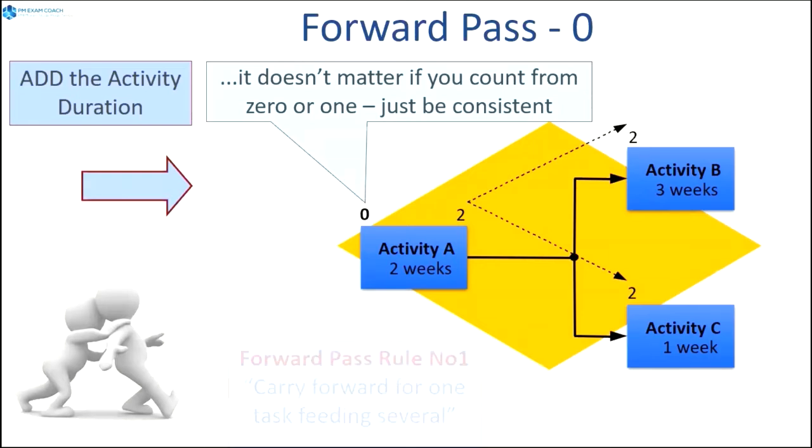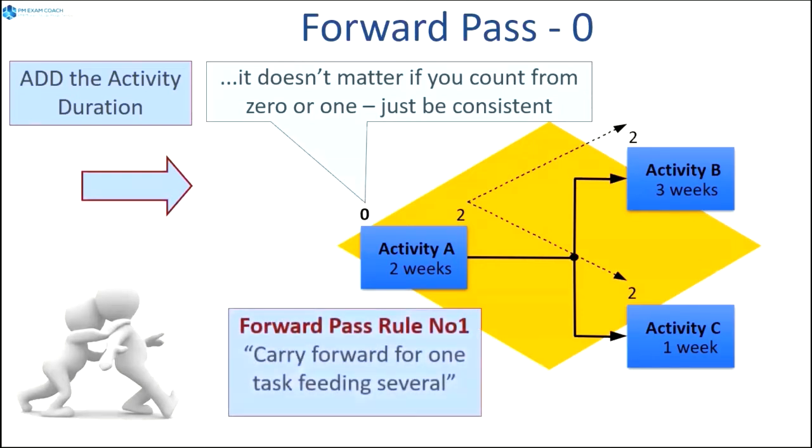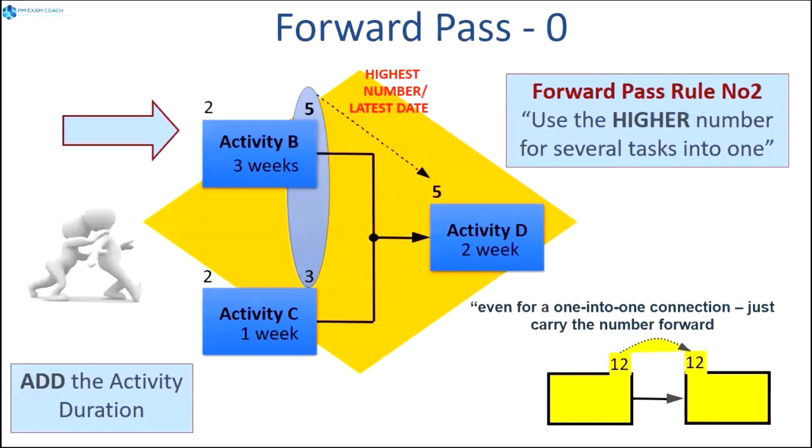And again here, forward pass rule number 1 is just carry forward for one task feeding into several. So in this case, you can see that activity A just goes forward and feeds into both B and C, giving them a 2 on both of them. Now, as we progress, we are going to take the largest number in terms of the early finish. 3 is smaller than 5.